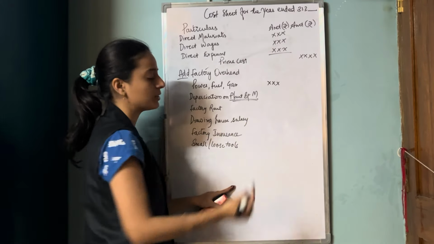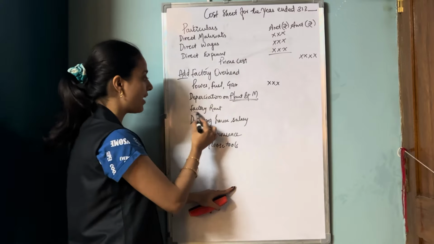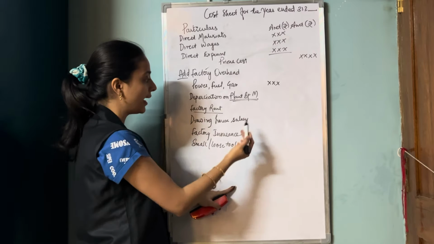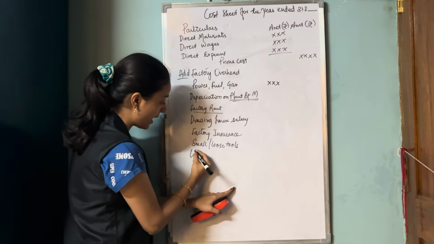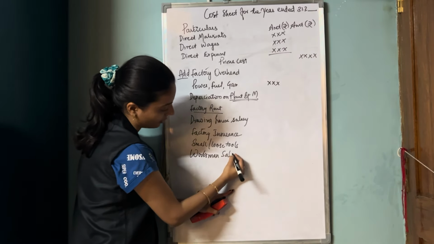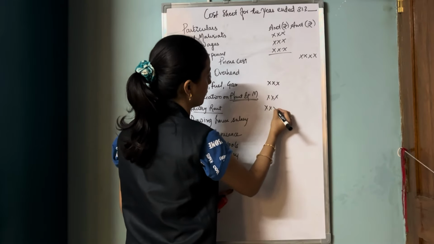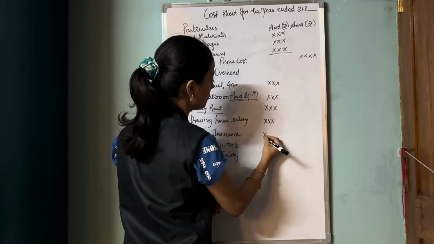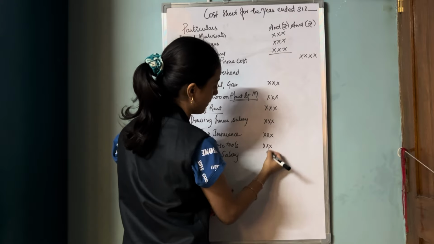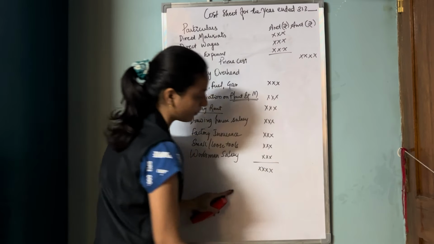Depreciation of plant and machinery, where do we use it? In the factory, so factory overhead. Factory rent, drawing house salary, workman's salary, all this comes under factory overhead. Take the specific amounts and do the totals of it.